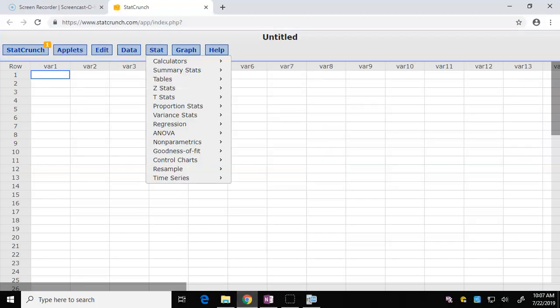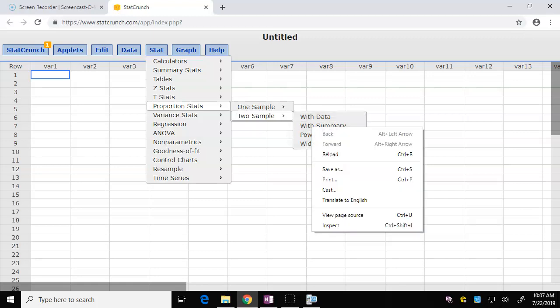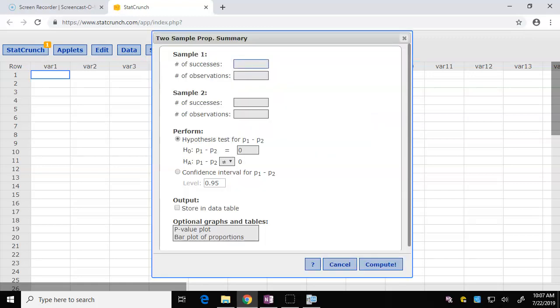Stat, what are we going? Proportions. Two sample. With summary. There you go. And all we have to do is put in our information. All right. So, who was our P1?